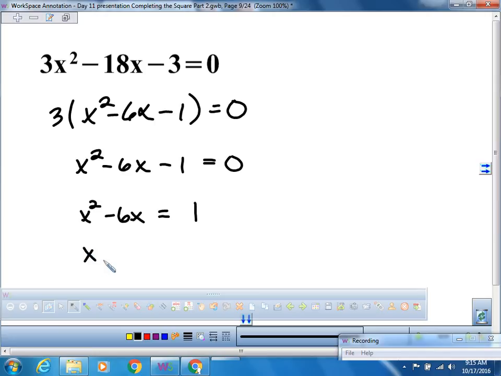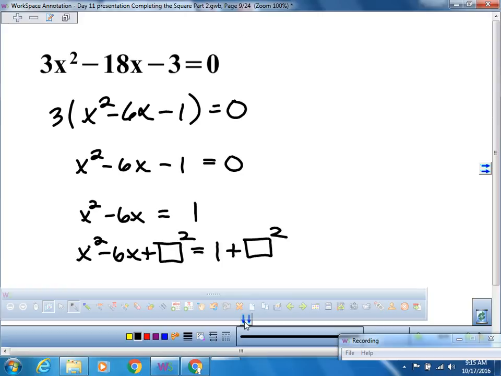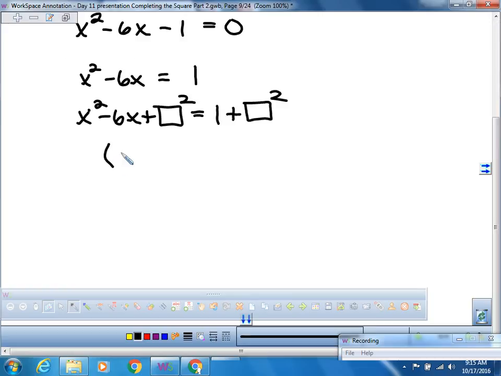Then I have x squared minus 6x plus something squared equals 1 plus something squared. I'm not going to skip steps, sorry. Then I have x minus 3 squared, this is negative 3. And I end up with 10.